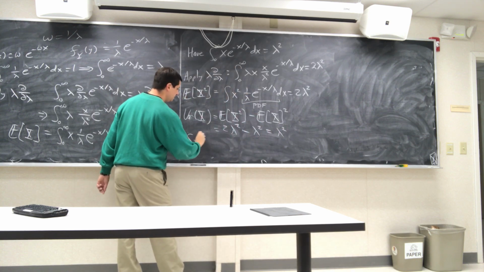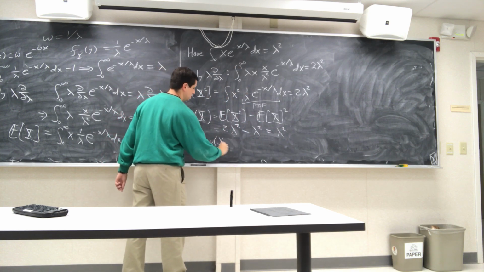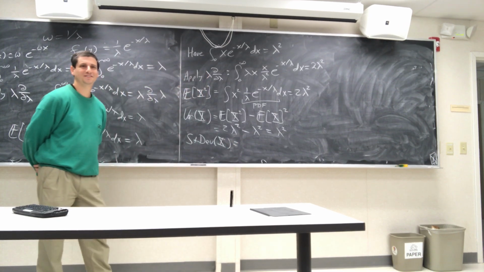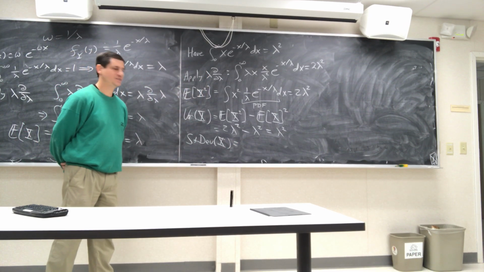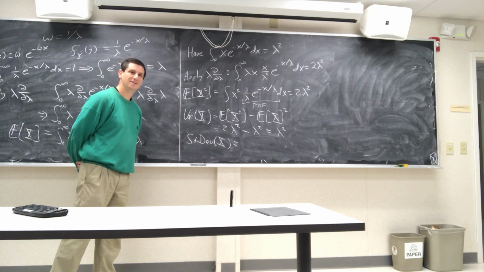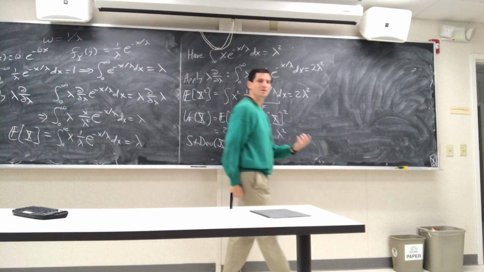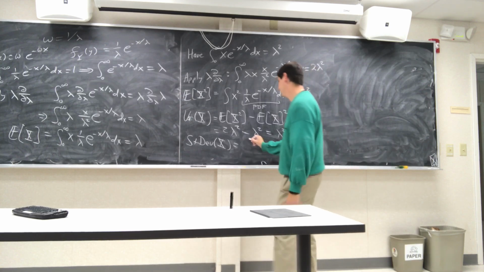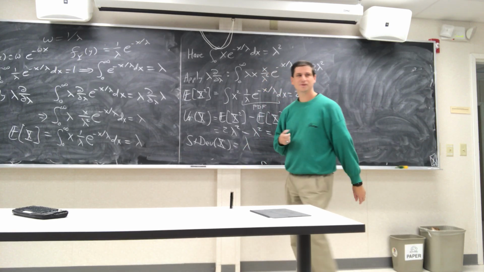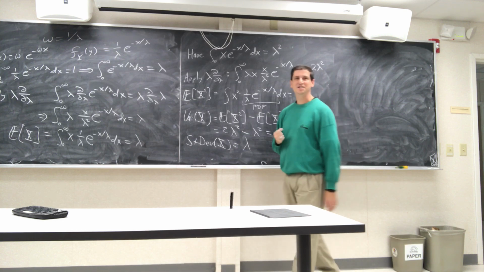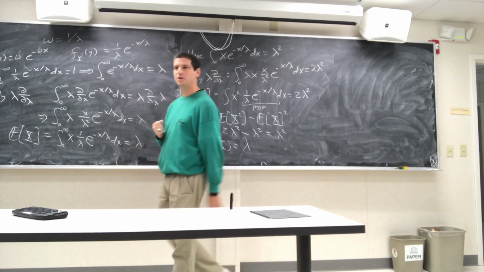So the standard deviation is what? The standard deviation is what? I couldn't hear you. Lambda? It's just lambda. So lambda is actually both the mean and the standard deviation for the exponential random variable.